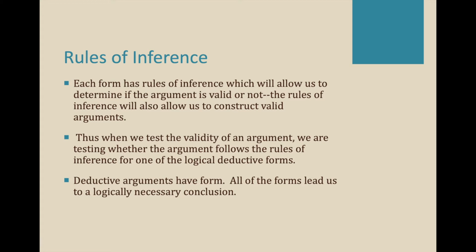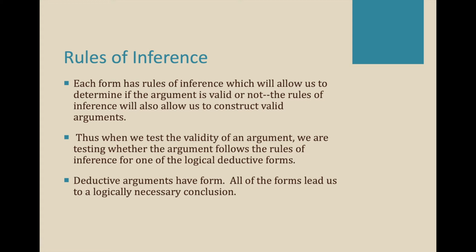It's logically necessary. So this is different from most of the argument forms that we learned earlier, because those practical forms of reasoning were based on degrees of probability. So, for example, you think about arguments by analogy or argument by sign, right?